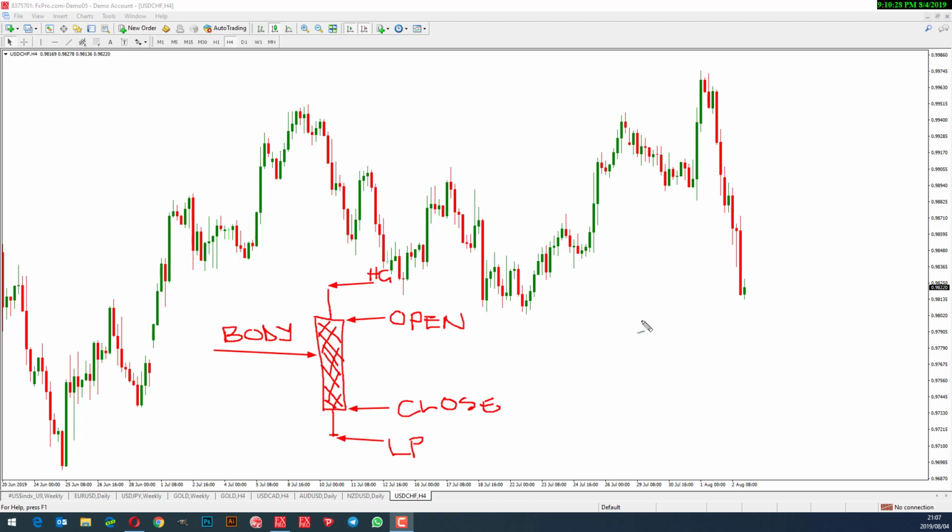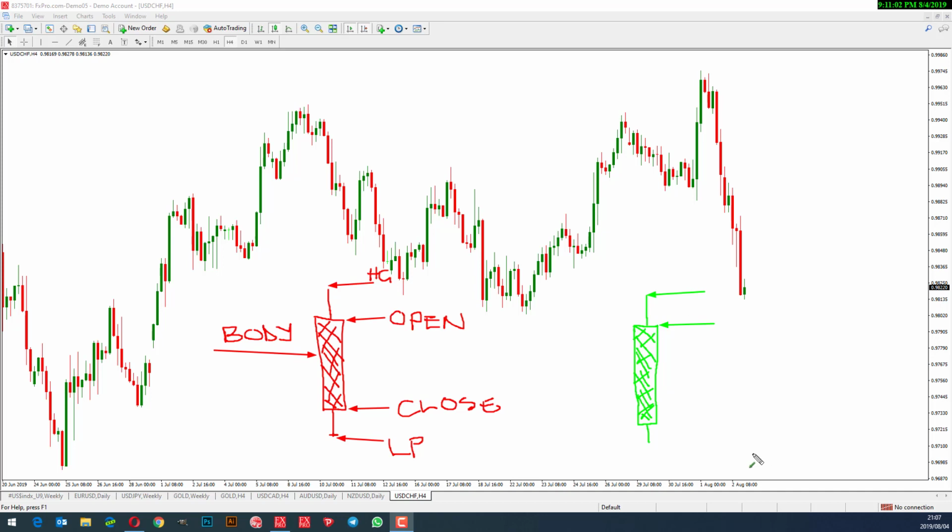So we've got a bullish candle here. Take note how I'm illustrating them: bullish for me is green, bearish is red. So this is a bearish candle. Now I'm going to highlight this area, and this area, and this one, and that one.